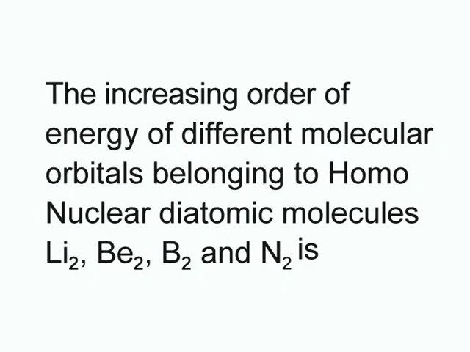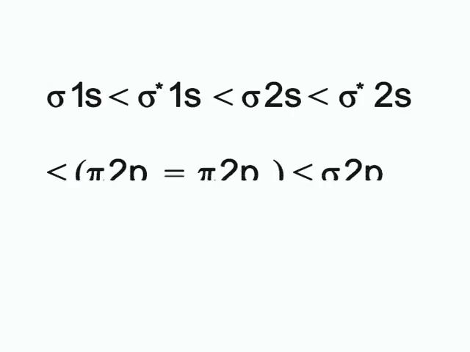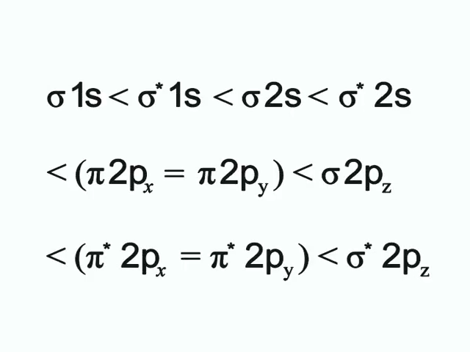The increasing order of energy of different molecular orbitals belonging to homonuclear diatomic molecules lithium, beryllium, boron and nitrogen is: sigma 1s has lower energy than sigma star 1s, it has lower energy than sigma 2s, it has lower energy than sigma star 2s, it has lower energy than pi 2px, its energy is equal to pi 2py.